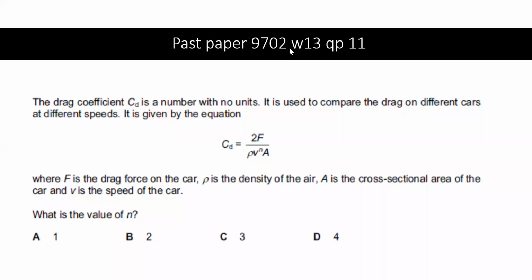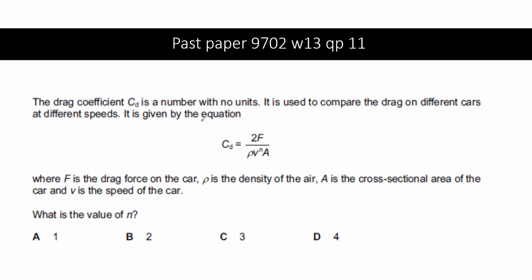Next question. The drag coefficient CD is a number with no units. It is used to compare the drag on different cars at different speeds.